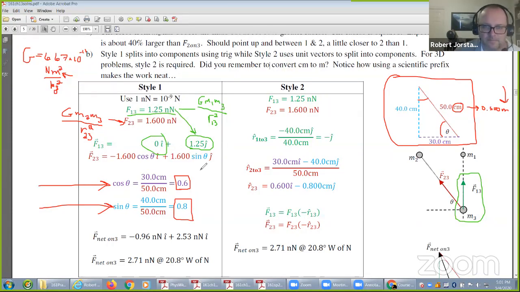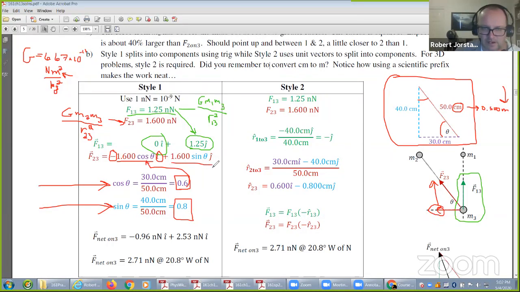All right. And now the red one, it looks like you're going to get a cosine theta in the I hat plus a sine theta in the J hat. And so that's why there's this number right here. Oh, and it's in the negative I hat. Negative I hat. Okay.